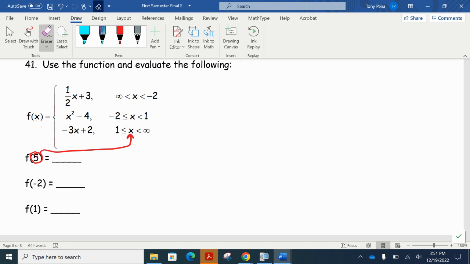So what that means is I'm going to take this 5 and plug it into the x in this part of the function. So I'm going to do negative 3 times 5 plus 2. So that would be negative 15 plus 2 for an answer of negative 13.